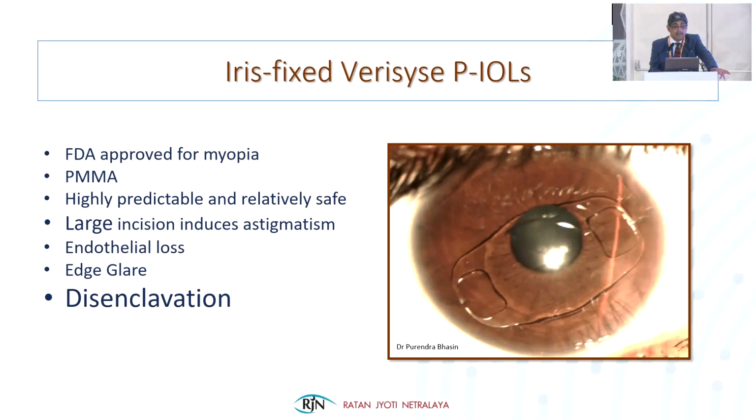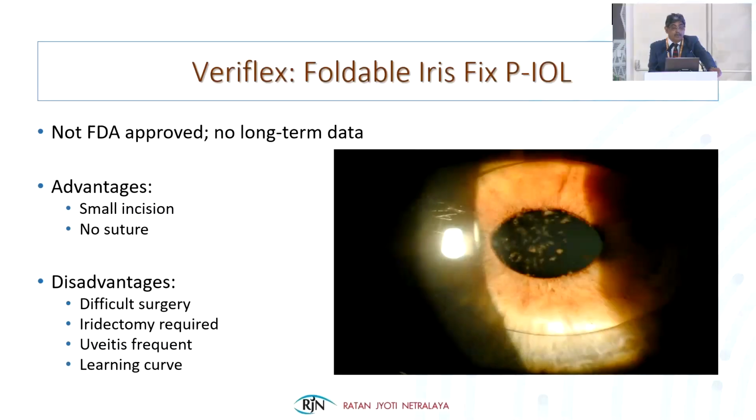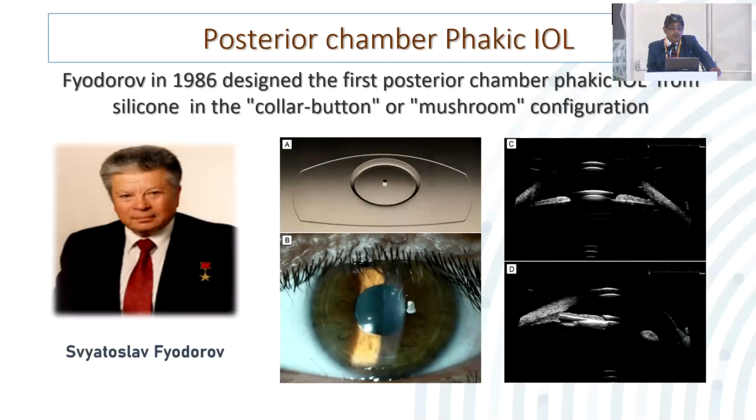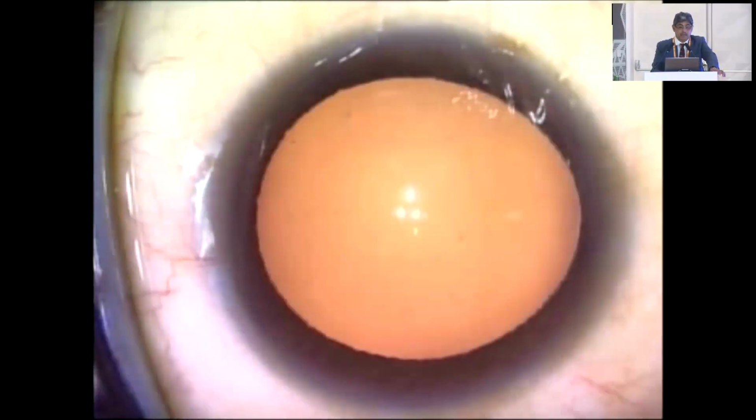This was the design which I was discussing just now, VeriSize, which was made of PMMA, but many issues like corneal decompensation were there. This is now out of vogue. At the present day, the phakic IOL which we are using behind the iris is based on the design given by Fedorov in 1986, which was collar button or mushroom configuration.